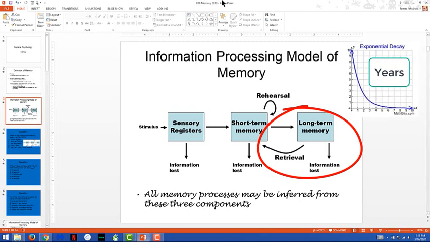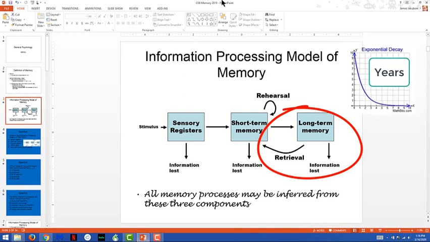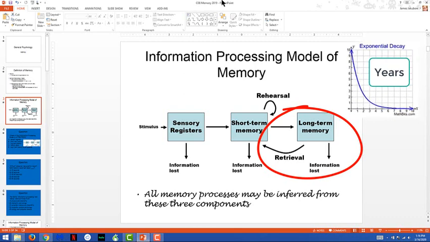We will see that those are the three primary components that are related to how a human memory operates. And when I say human memory, frankly, you're going to wind up seeing very similar processes with non-humans as well, although we're going to focus our attention on human beings.